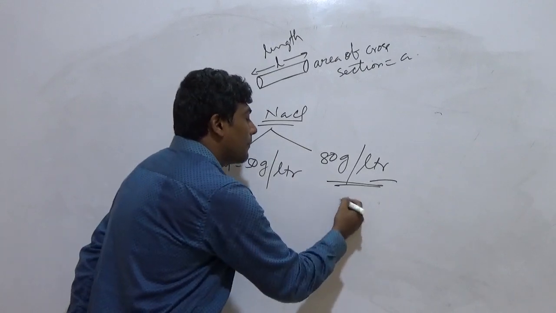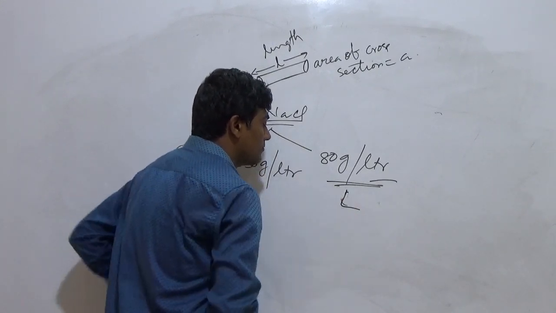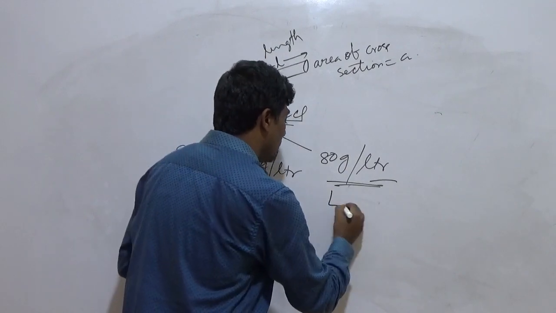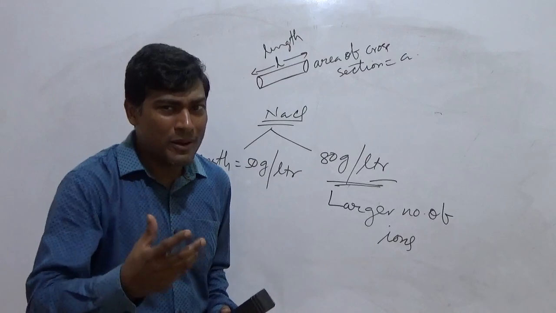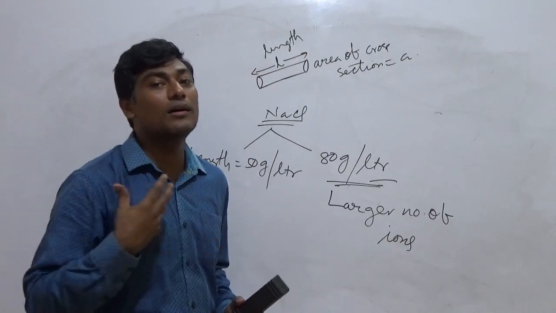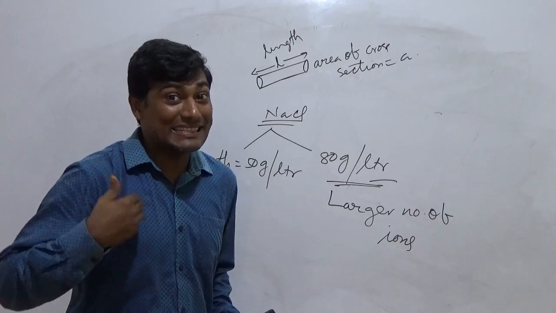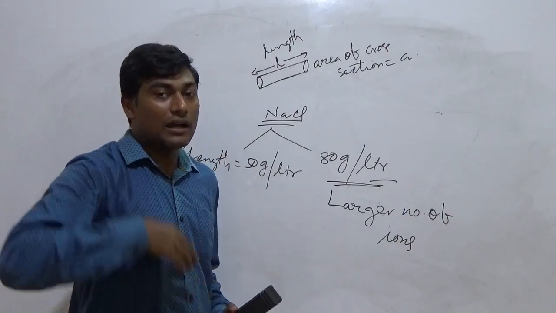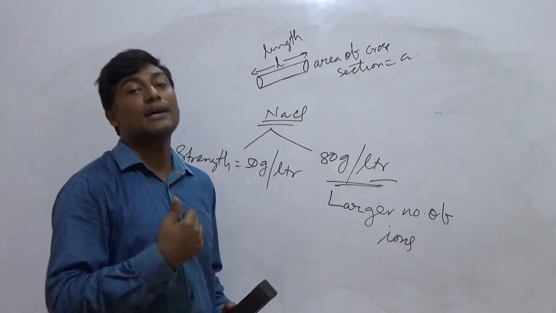The problem is we are not mentioning the concentration. We are just saying 1 ml, but inside that 1 ml, the greater the number of ions, the greater will be the conductance.